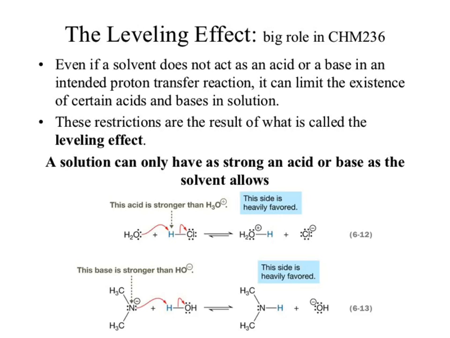If I'm under acidic conditions, so I take water and I add HCl to it. So I'm running a reaction in water and I add HCl. Do I have water? Not really. I have H3O plus. Did I have HCl? Not really, because HCl is such a strong acid that it reacts with the water first to form H3O plus.